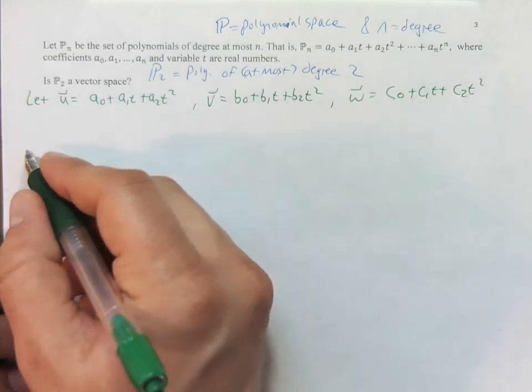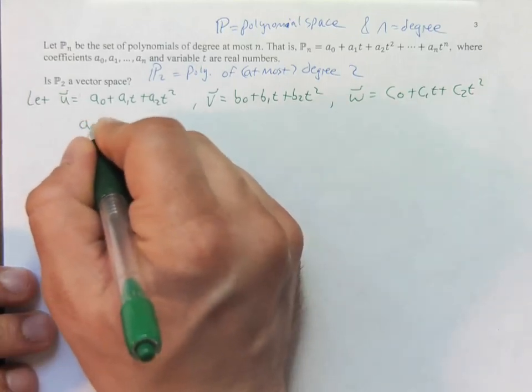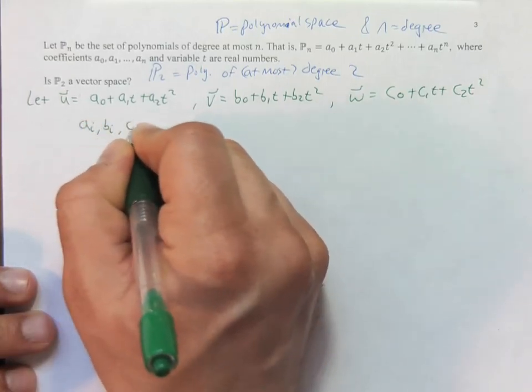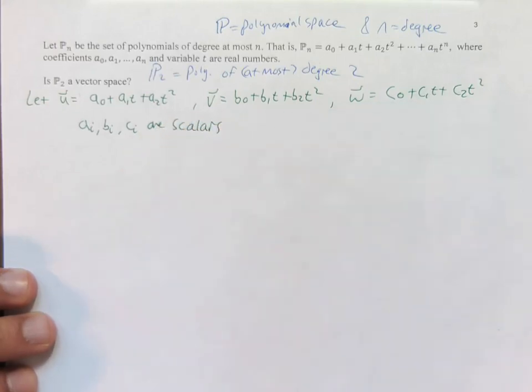We've picked 3 arbitrary elements. In all 3 of them, the a's, the b's, and the c's are scalars. They're just coefficients, and the t's are the variable. We're just going to go through those axioms one more time and show that they all hold.